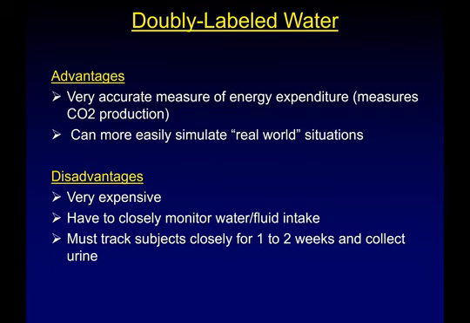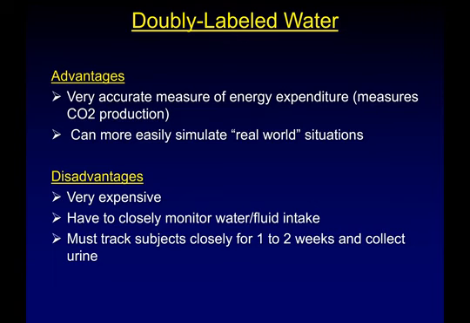What we do with doubly labeled water, this is something called deuterium dilution. This is radioactive water. Okay, now it's not harmfully radioactive, but it's radioactive water. And we give some to you and you drink it, and you drink X amount over several days, and then we collect your urine. Okay, we collect your urine over time, and we see how much of the radioactive isotopes are getting released out in your urine.